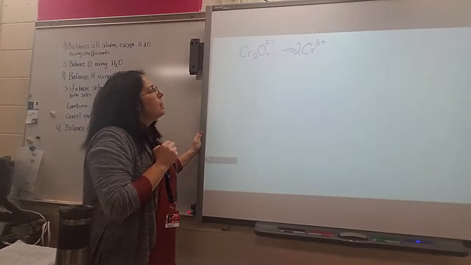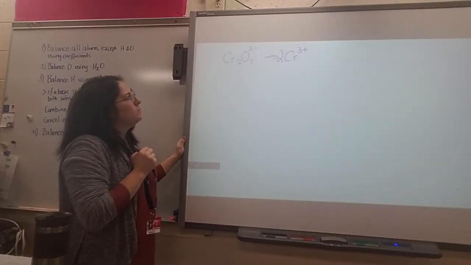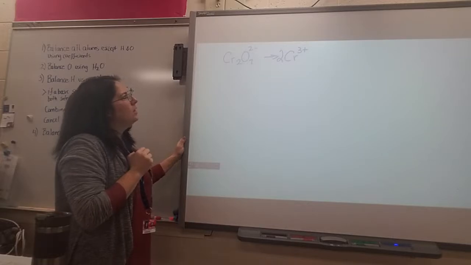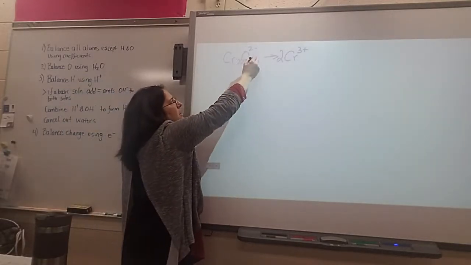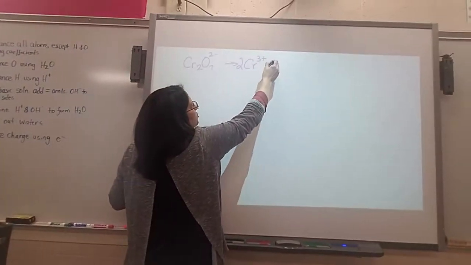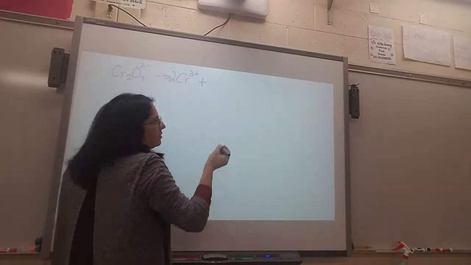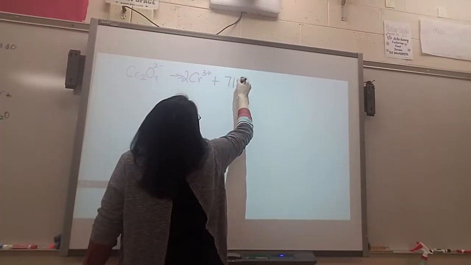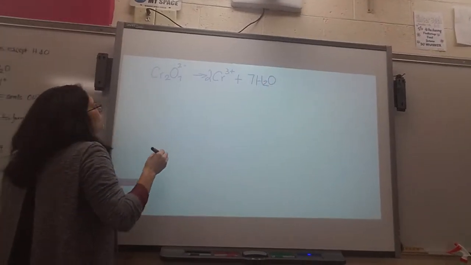Okay. Next step, I'm going to balance my oxygens by adding water on the opposite side. So here I have 7 oxygens. I need to get 7 oxygens over here. So how many waters am I going to add? 7. Okay.